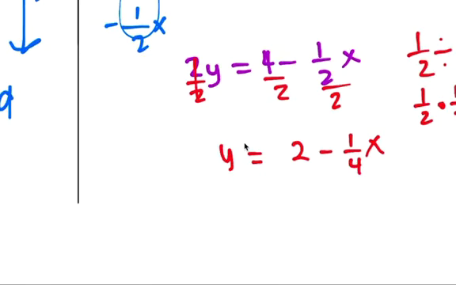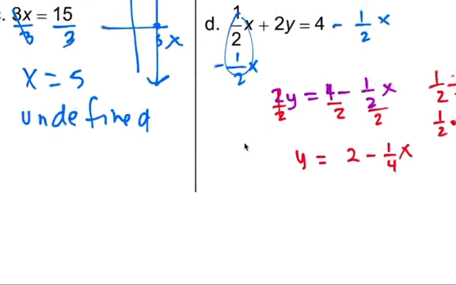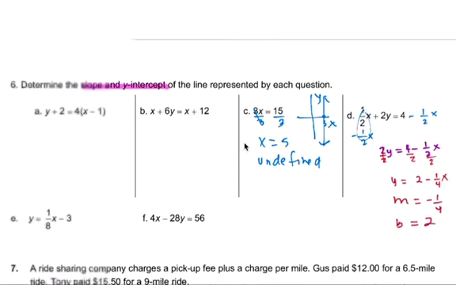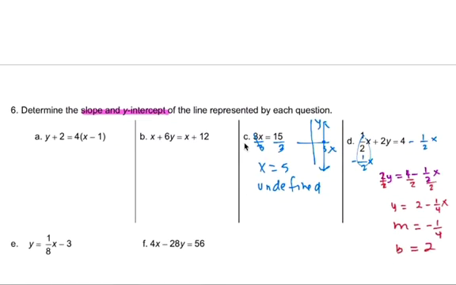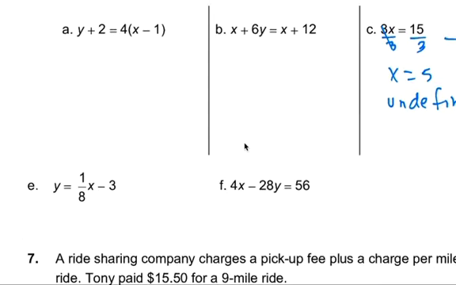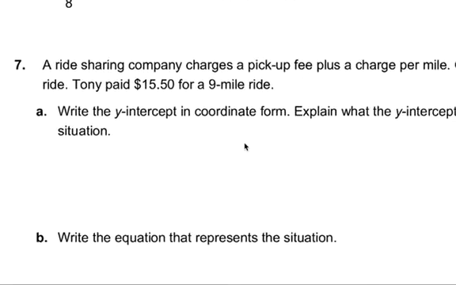So the slope is 1/4 and the y-intercept is 2, or (0, 2). And that's that way. Well, this one, you don't have to do anything. You need to not just define slope and y-intercept. Okay.